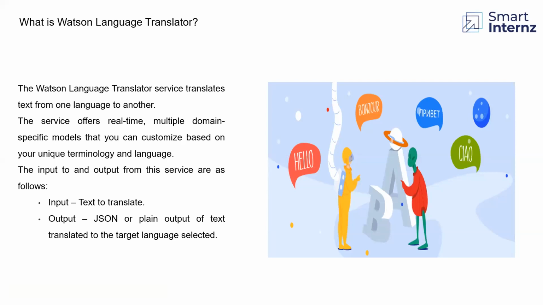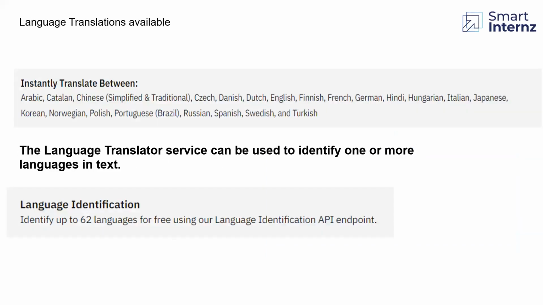So we are going to use the Watson language translator service where you don't need to write any code. Just create that service, and based on that service, you can just add your API and you will be able to do that. Fine. Now, language translations are available like Arabic, Chinese, Danish, Dutch, English, and many others.